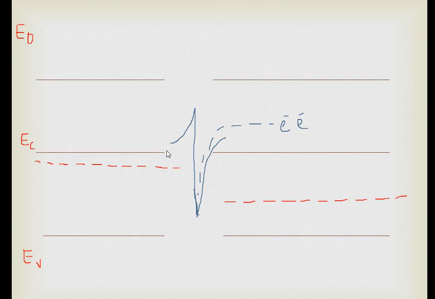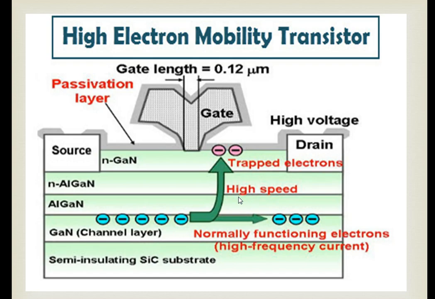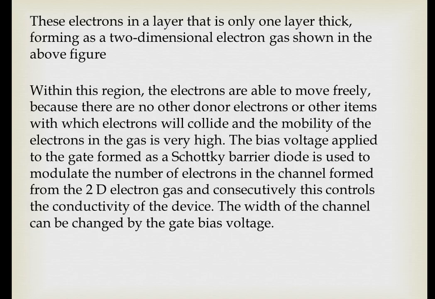So in this way it will form the two-dimensional electrons, and within these regions the electrons are able to move freely. Because there are no other donor electrons or other items with which the electrons will collide, the mobility of the electron in the gas is very high.